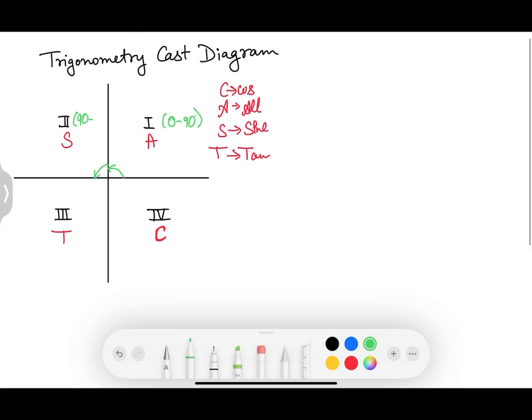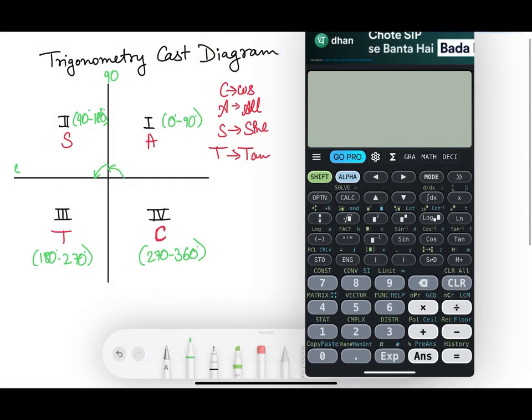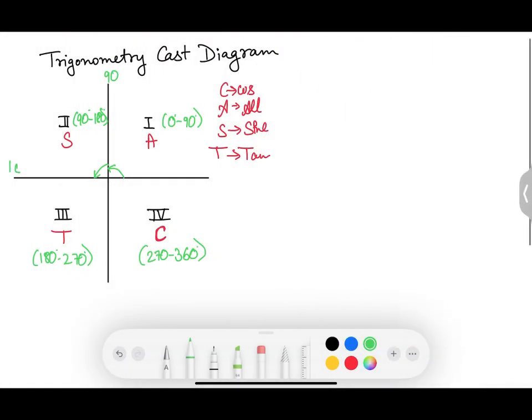The third quadrant lies from 180 to 270. And the fourth quadrant lies from 270 to 360. So this is 90, 180, 270, and 360. Hope everything is clear until here.